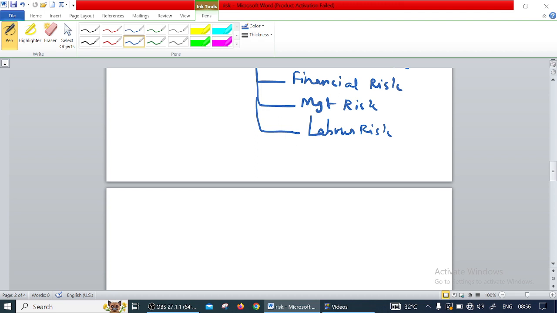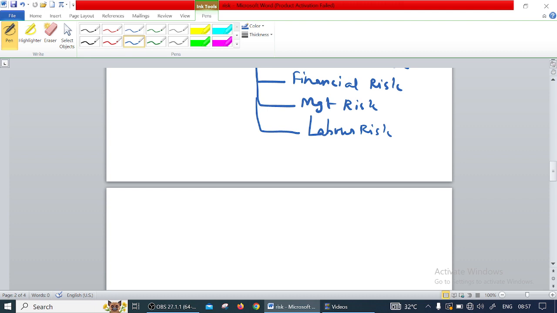So risk is systematic and unsystematic. We know that something which is an uncertainty, something which may happen in today's business, we call it a risk. The risk may take different forms: systematic risk and unsystematic risk.